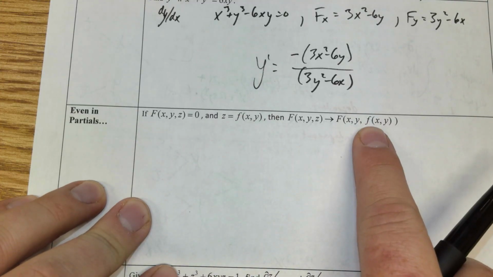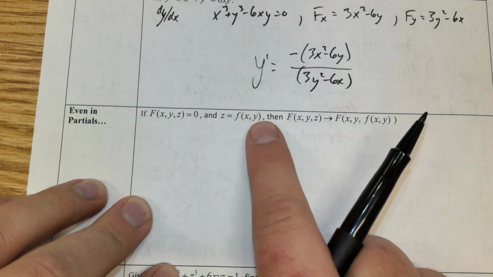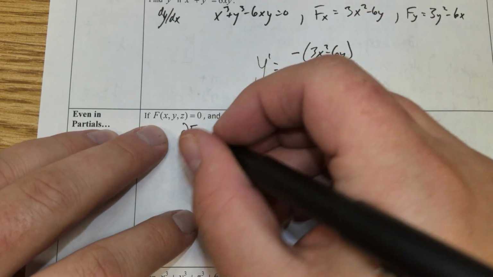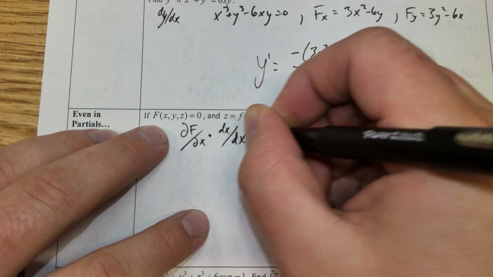Even here, I can take it further. If I know this is true, which we're very used to doing at this point, where z is a function of x and y, this same concept holds true into the partials. But there is another trick up my sleeve here, where when I write out this big partial derivative, I know the dx dx is going to turn to 1.